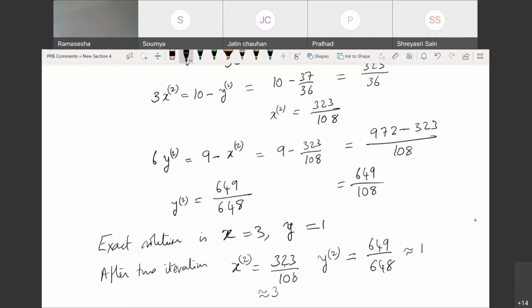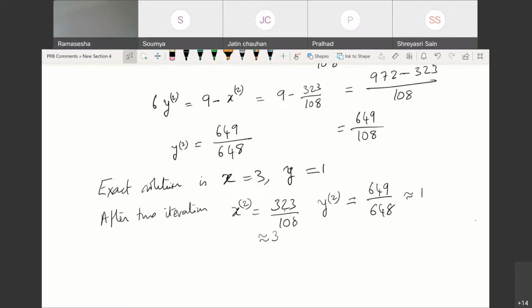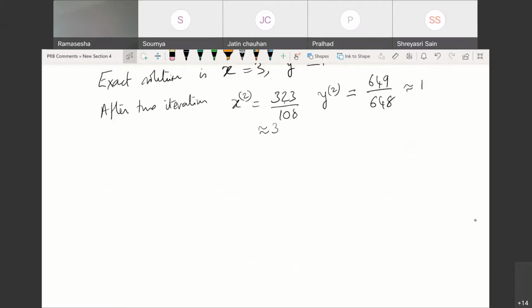So this iteration is called the Gauss-Jordan technique. Let me write a general equation. In this, you take xi0 equal to bi divided by aii.